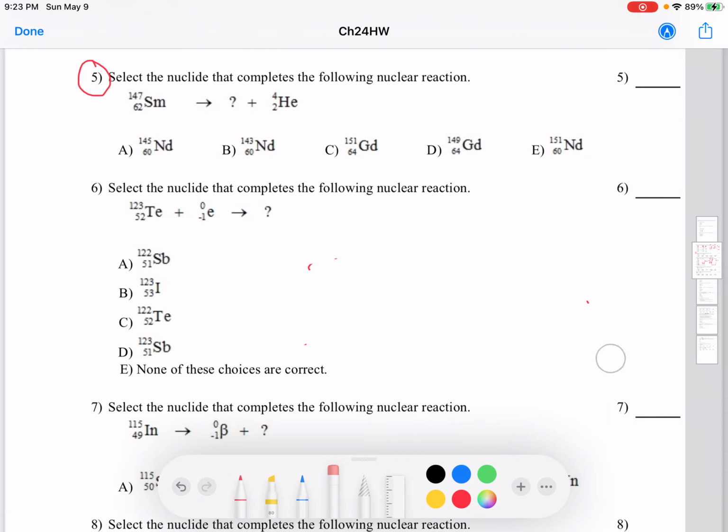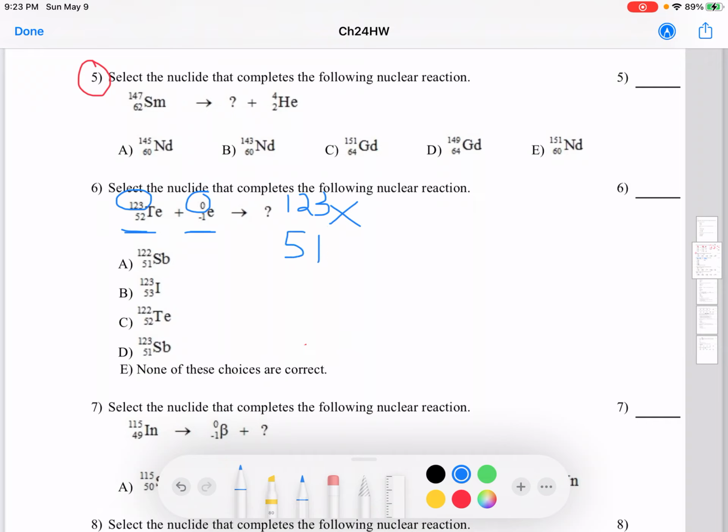Okay, the next one, number 6. Select the nuclide that completes the following nuclear reaction. So similar to the previous one, you just have to find the new element. Let's say that is X. You can put X since we don't know what the element is yet, and then you figure out your masses. 123 plus 0 should be 123, and then 52 minus 1 is 51.